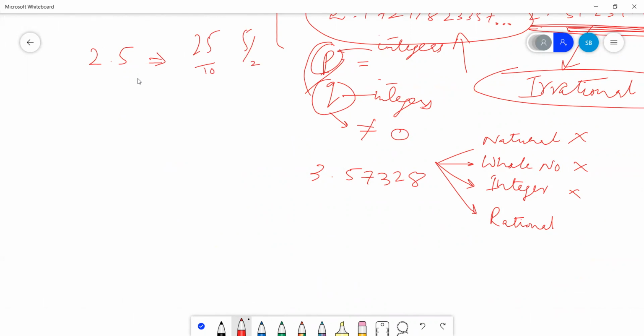And we don't even need to express this in fractions to know whether it is a rational number or not, because we can know that by simply seeing what type of decimal this is. If this is terminating, means it is stopping, it's not continuous, then it is a rational number. As simple as that.